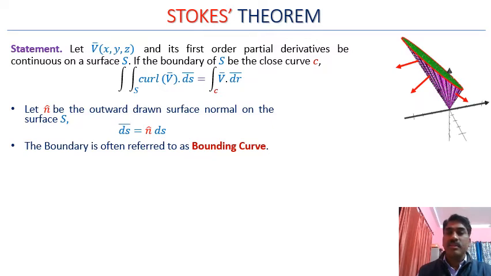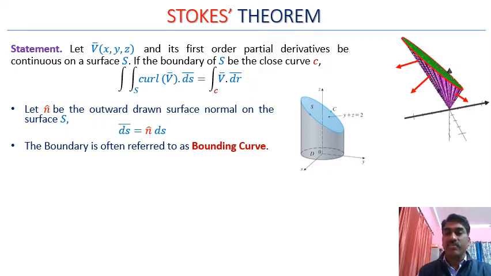You can see there is a figure. This is a cone and the cone is cut by a slant surface. The surface of the cone is marked in purple color, and in red color there are some unit normals at different points. Each point has a separate unit normal in a particular direction. There is another figure. This is a cylinder, and the cylinder is cut by the xy plane and a slant plane y plus z is equal to 2.